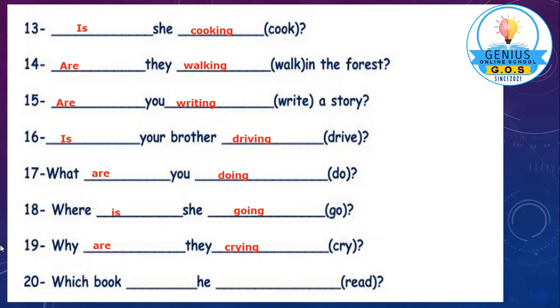Okay, teacher. Which book is he reading? Excellent. Is he reading? Excellent, girls. Great work.